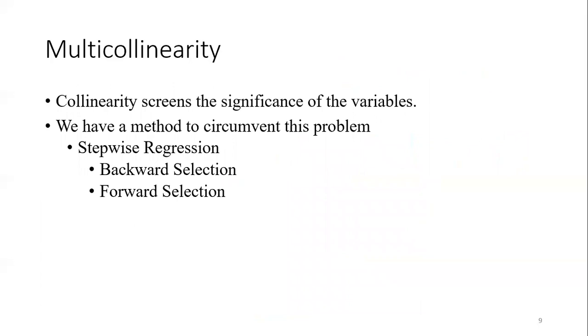So we have a method to circumvent this problem, which we call stepwise regression, which has two main ingredients. The first one is the backward selection, and the second one is the forward selection. As the name implies, in the forward selection, we will see it in the next slides, what we do is we start with only the intercept. Then let's assume we have these betas from the previous model.